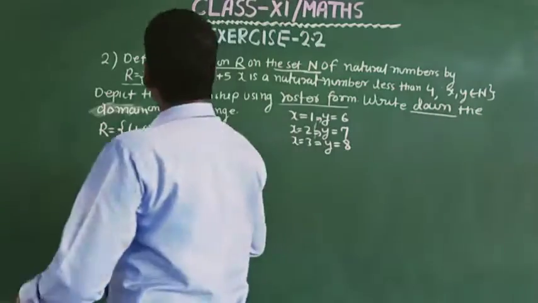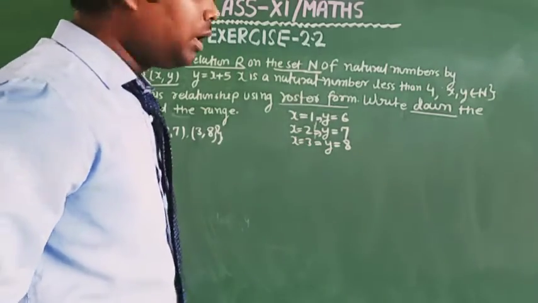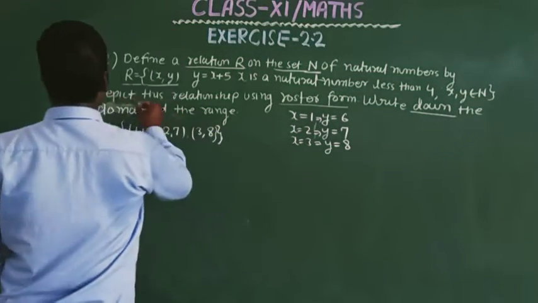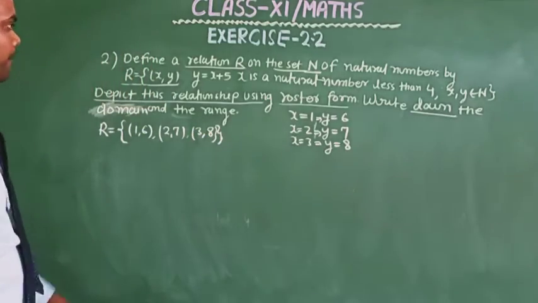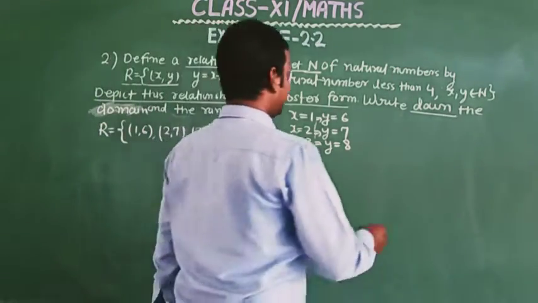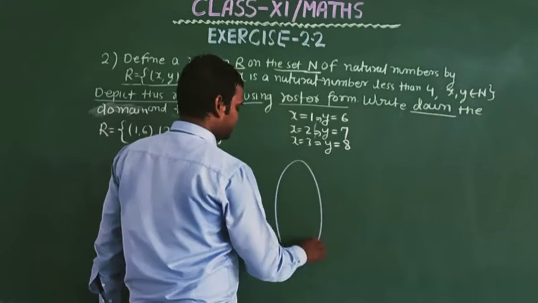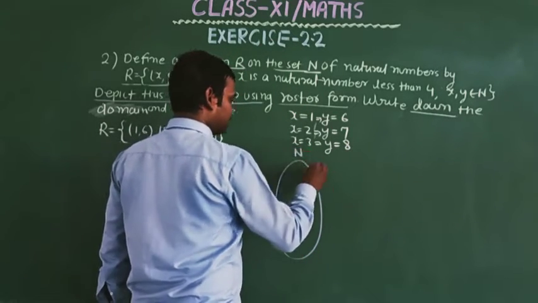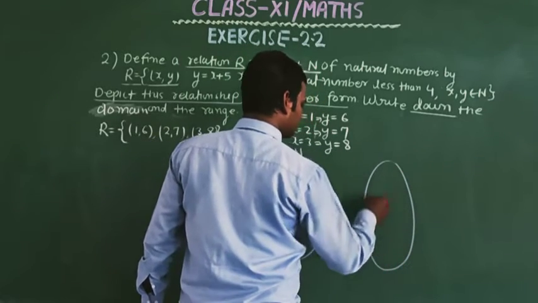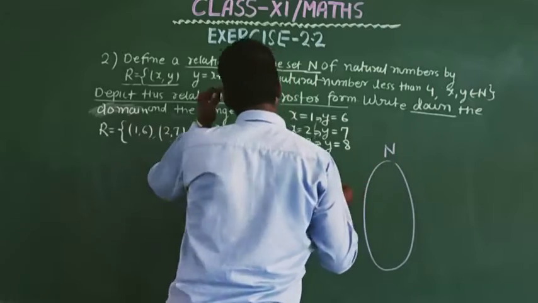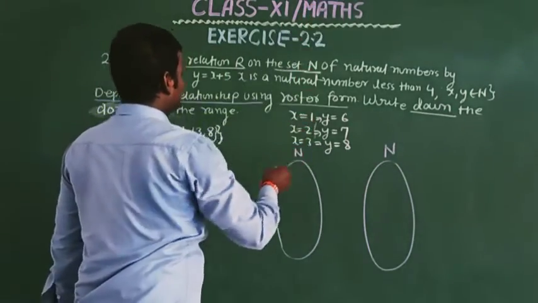And here it is also said to depict this relation using an arrow diagram. So let us depict over here. This is a set N of natural numbers, and this is also a set N of natural numbers.